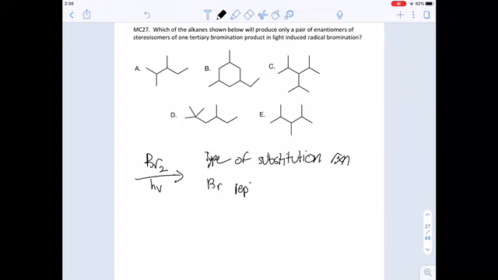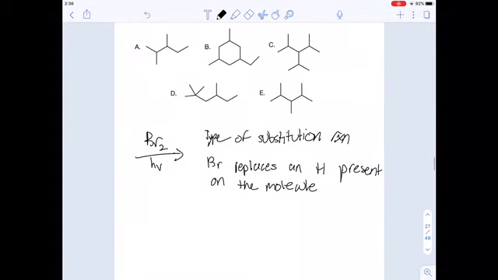What ends up happening in this type of reaction is that the Br is going to replace an H present on the molecule. And from the radical lecture, we remember that Br actually has a little bit of regioselectivity with its replacement.